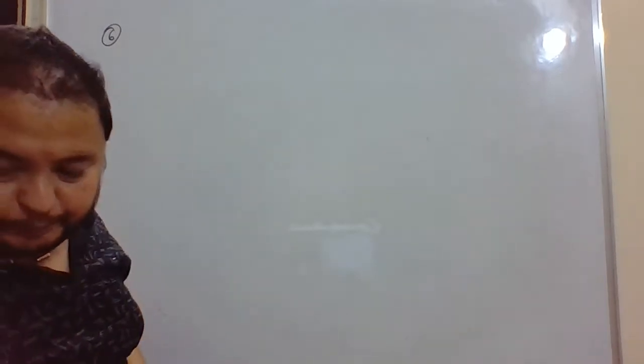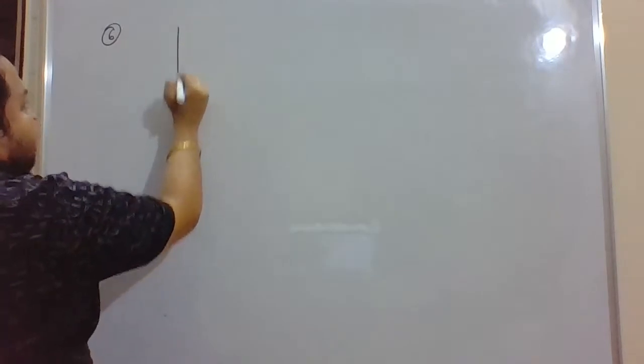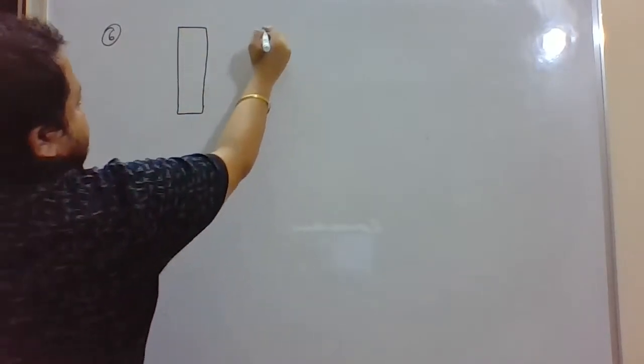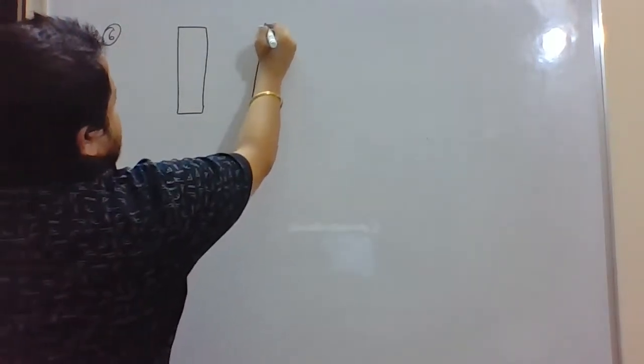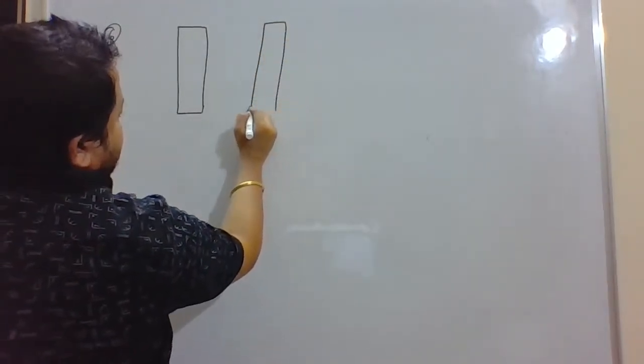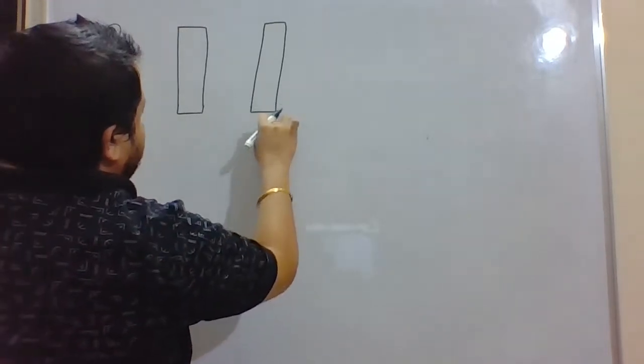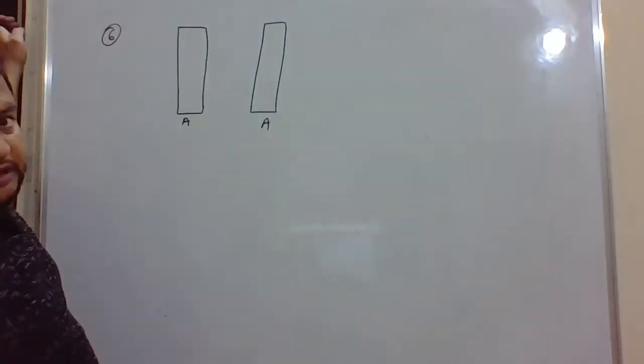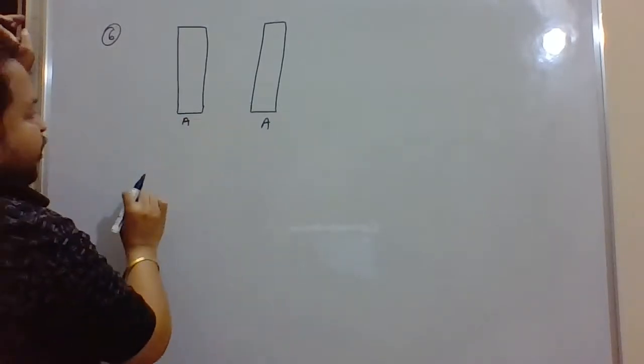Say I have created a parallel plate capacitor, and suppose these are the two plates of the parallel plate capacitor. The area of each of them is A, and the space between them is small d.